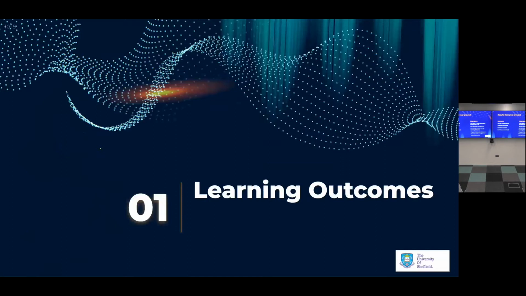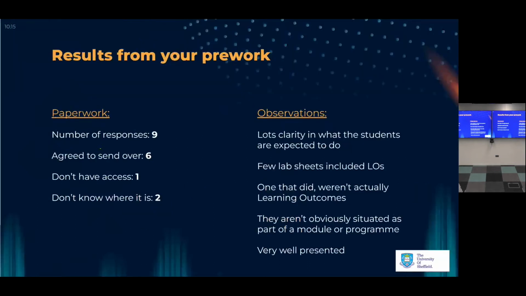Of the people in the room, we got 9 responses back for different reasons why you think students would go in the lab. Of those 9, 6 people agreed to send us some information about what you're doing, some lab sheets and things like that. And 3 people said they either don't know where to find that information, or they don't have access to it.